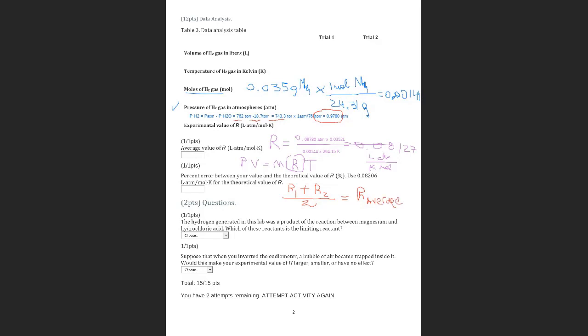Very good. And then they ask for the percent error between your value and the theoretical value of R. The theoretical value of R, they are saying use 0.08206 liters per atm per mole per Kelvin.